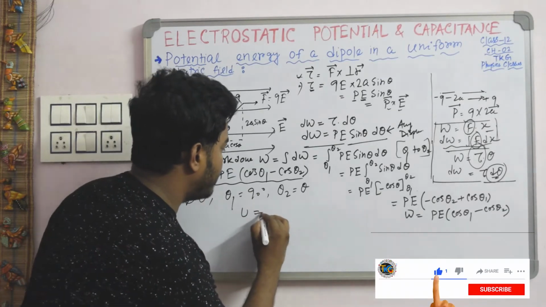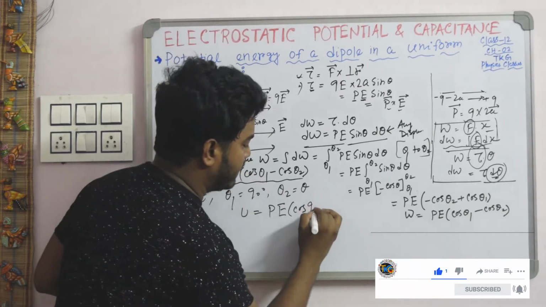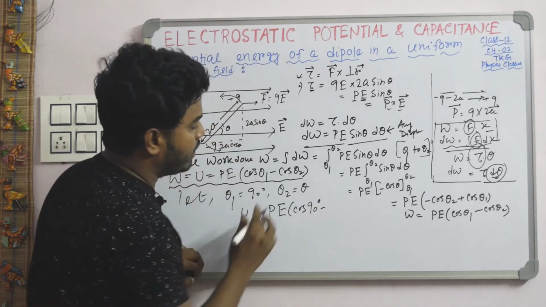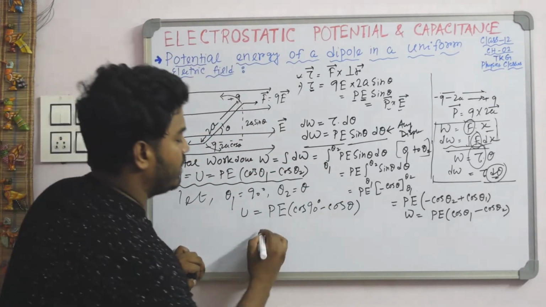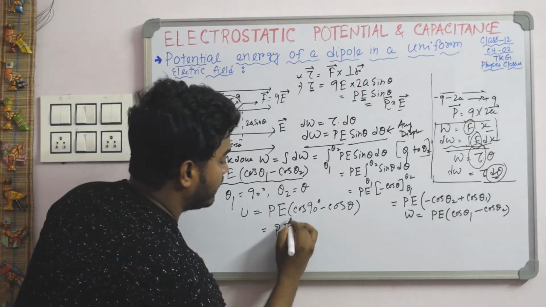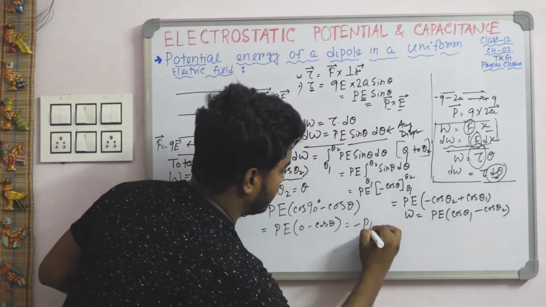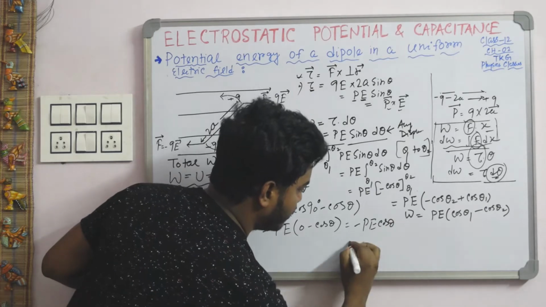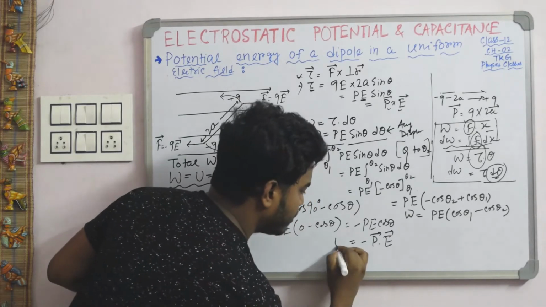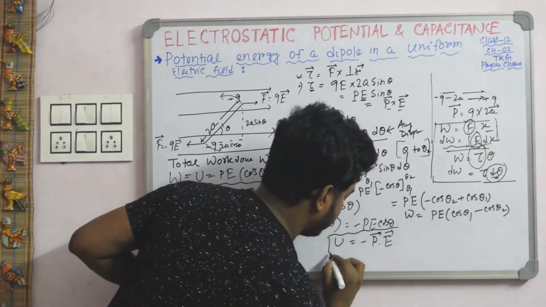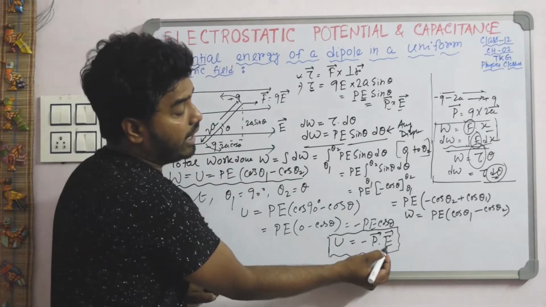Simplifying, U is PE (cos 90 degrees minus cos theta). Clear? The expression will be PE (0 minus cos theta), that is minus PE cos theta, which you can say is the dot product of P and E. So the electric potential energy becomes the dot product of dipole moment and electric field.